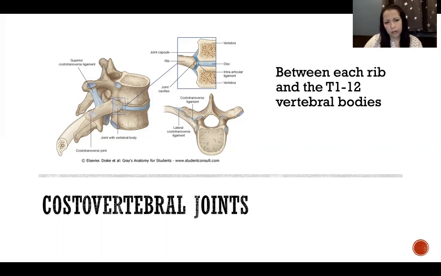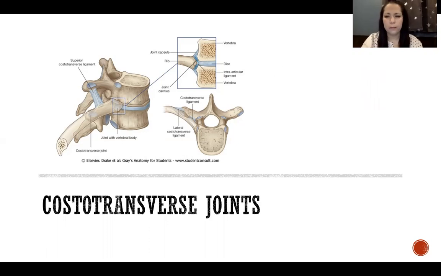You may notice that it's actually articulating at the boundary between the two vertebrae and the disc. So each costovertebral joint is an articulation between the rib and two vertebrae and the disc in between, and that forms one costovertebral joint. So we have 12 pairs of these joints, 24 total, because that's where each rib attaches to the thoracic spine.